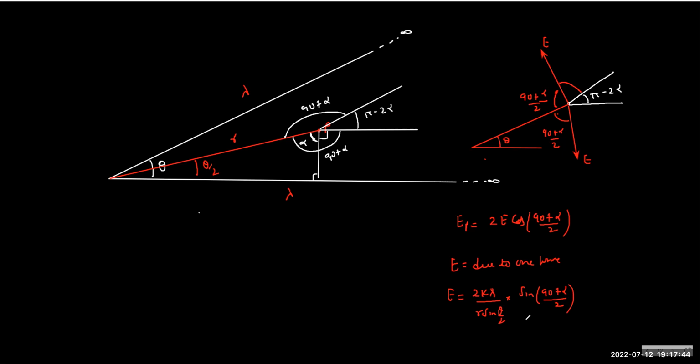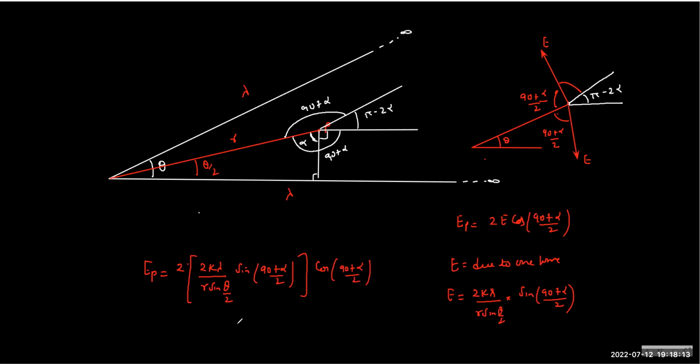So given this E, the EP turns out to be 2 into E, which is 2k lambda by r sin theta by 2, into sin 90 plus alpha by 2, into cos 90 plus alpha by 2.